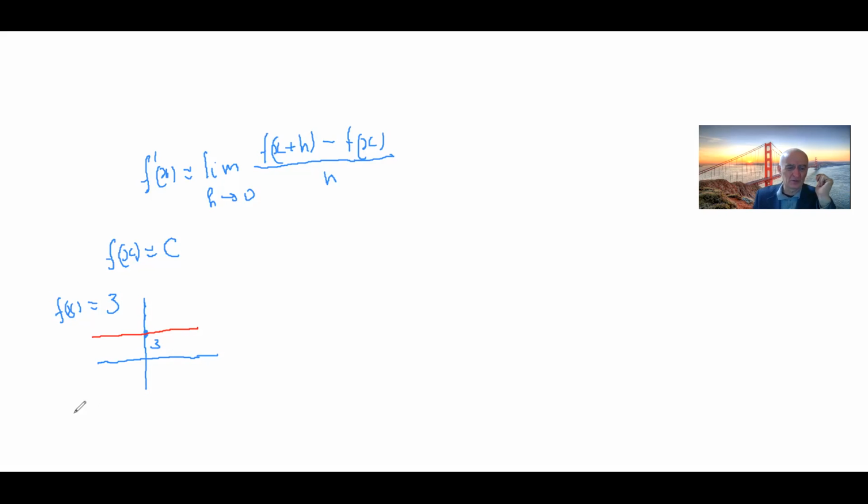Because slope is the difference of second coordinates over the difference of first coordinates, and if the function is constant, this difference is 0, and that's why m is 0.